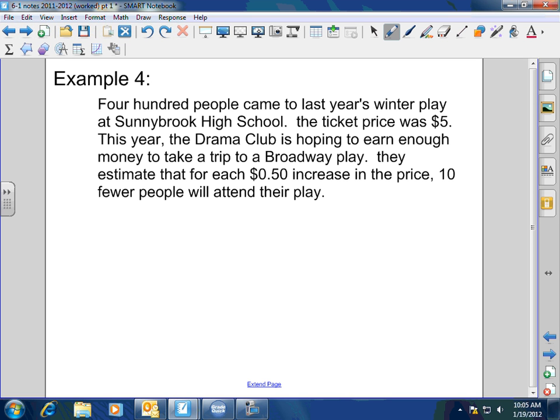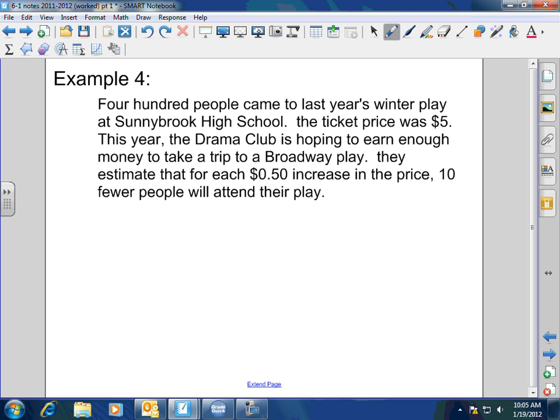They estimate that for each 50-cent increase in the price, 10 fewer people will attend their play. So the question here is, how much should the tickets cost in order to maximize the income from this year's play?